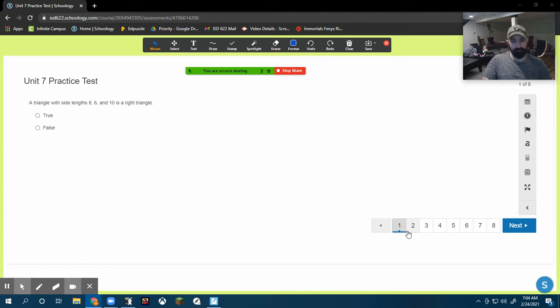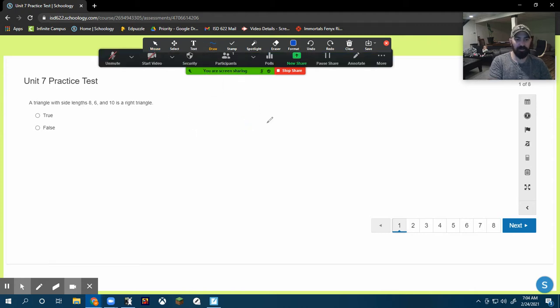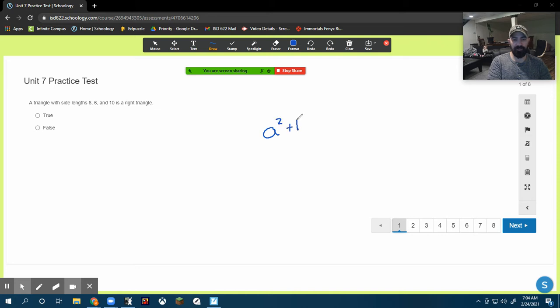Number 1. A triangle with side lengths 8, 6, and 10 is a right triangle. So we're using a squared plus b squared equals c squared. And you want to know, does a squared plus b squared equal c squared? And remember, c is always the biggest number.